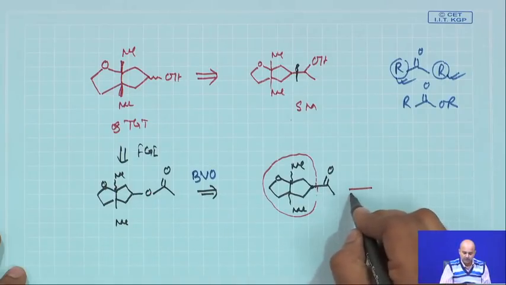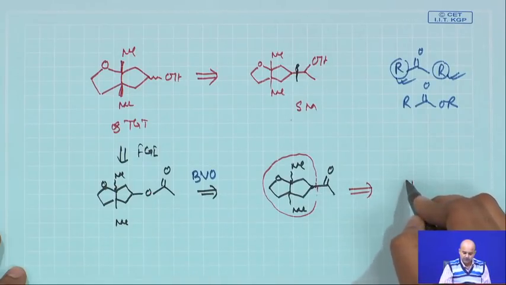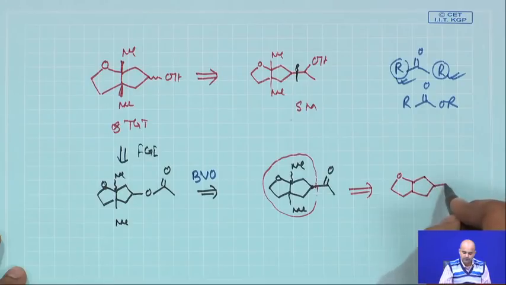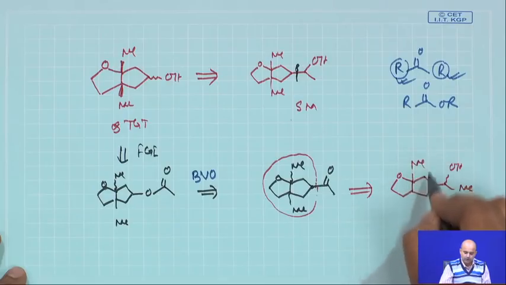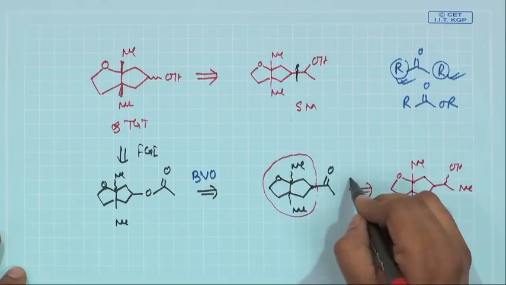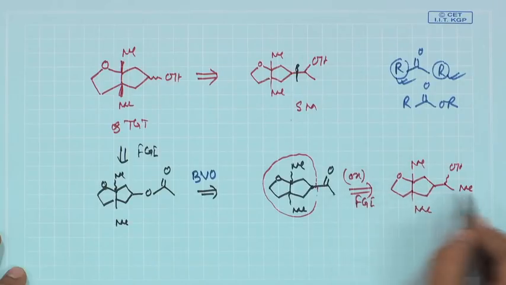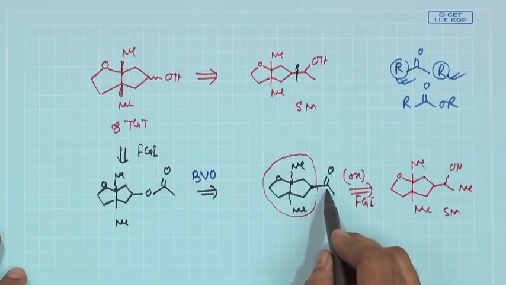Now, how can you convert this to this, or correlate the starting material? By a simple oxidation. Now, we are not doing the forward pathway. I said this is basically an oxidation-based FGI. Starting material, you do an oxidation-based FGI, you come here.